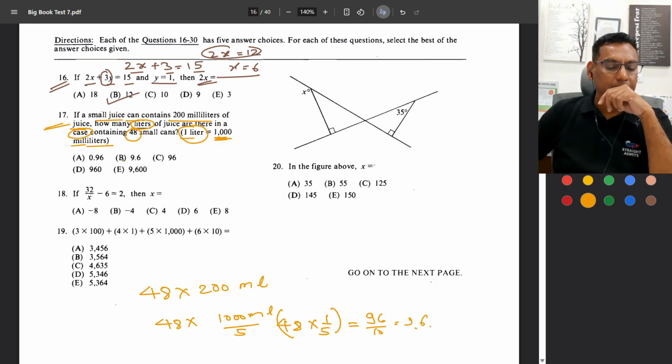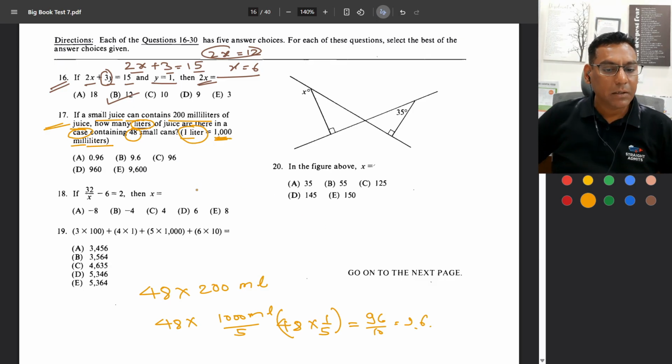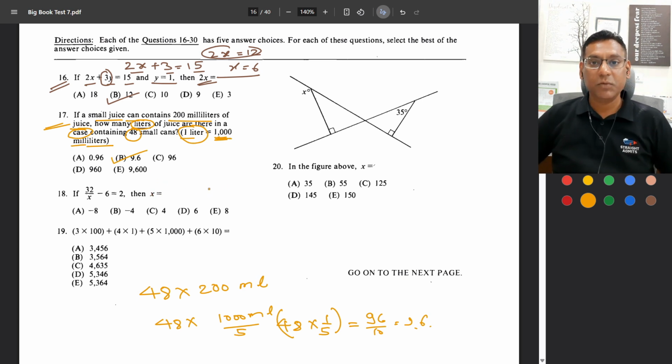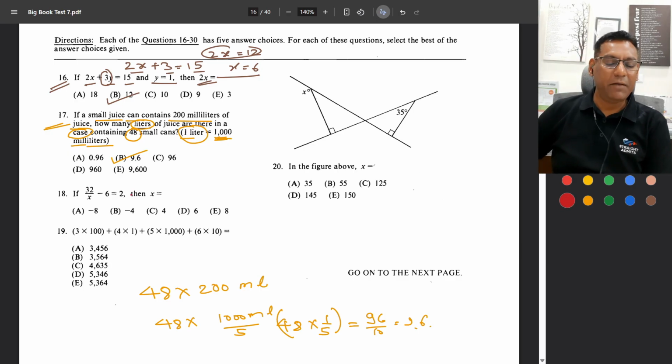All answers are in 96 only. So let me just verify. Correct. Just be very careful, because sometimes you tend to make some silly mistake, and silly mistakes always happen when you don't expect them. That's why they are silly mistakes. So always be careful, and on the GRE you'll have enough time to verify.